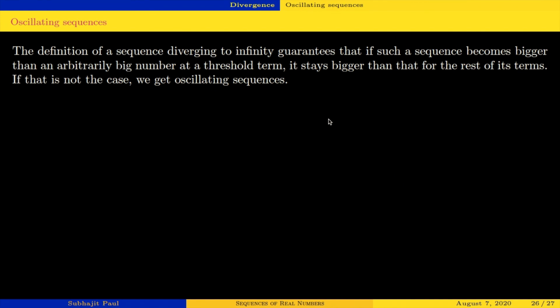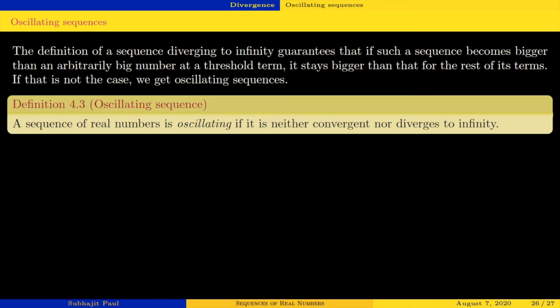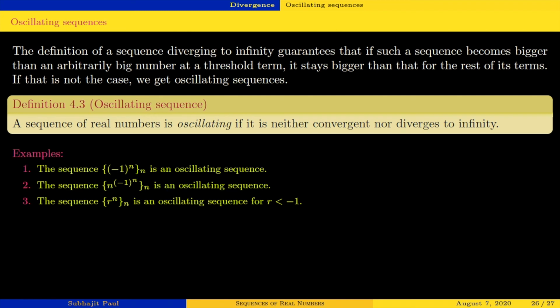So now if that is not the case, then we get oscillating sequences. A sequence of real numbers is oscillating if it is neither convergent nor diverges to infinity. As simple as that. Examples: minus 1 to the power n is an oscillating sequence. n to the power minus 1 to the power n is an oscillating sequence.